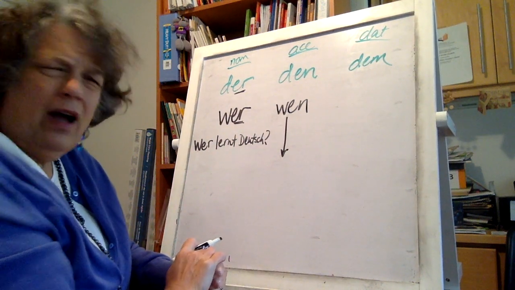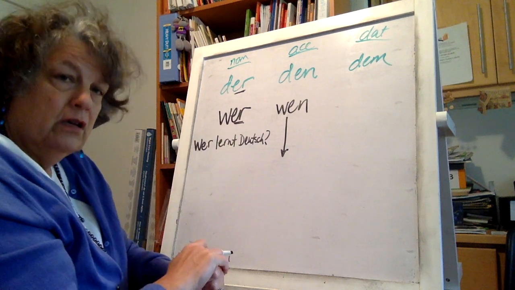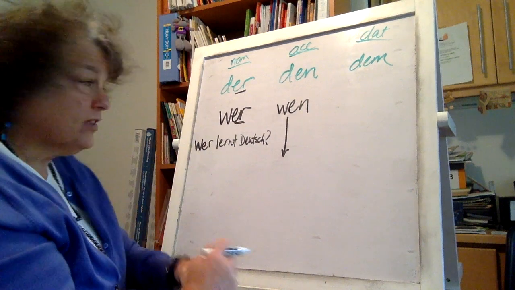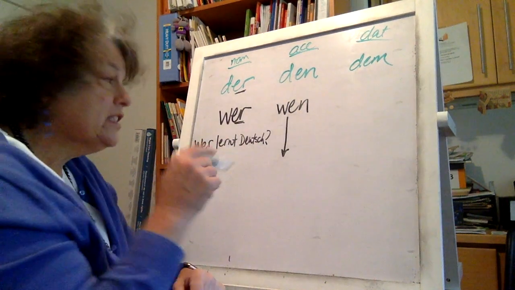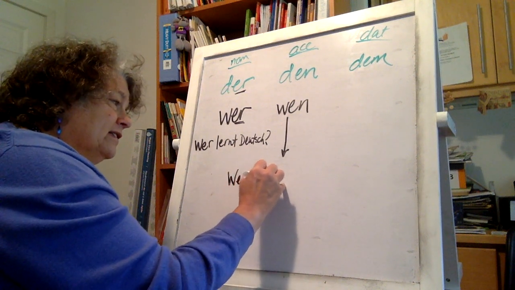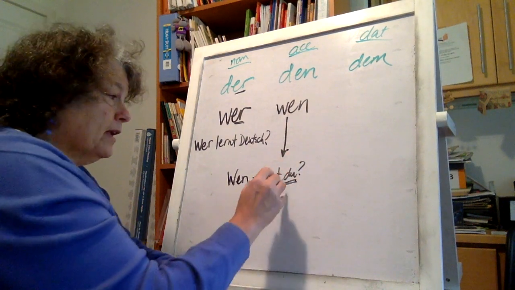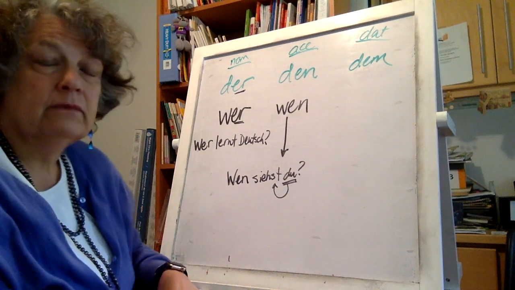Okay? And the question, how are we going to use that? Well, how about who do you see? You are doing the seeing, so you can't say wer. Who do you see? Wen siehst du? There's a subject, it has a verb, and you want to know who it is that you're seeing.